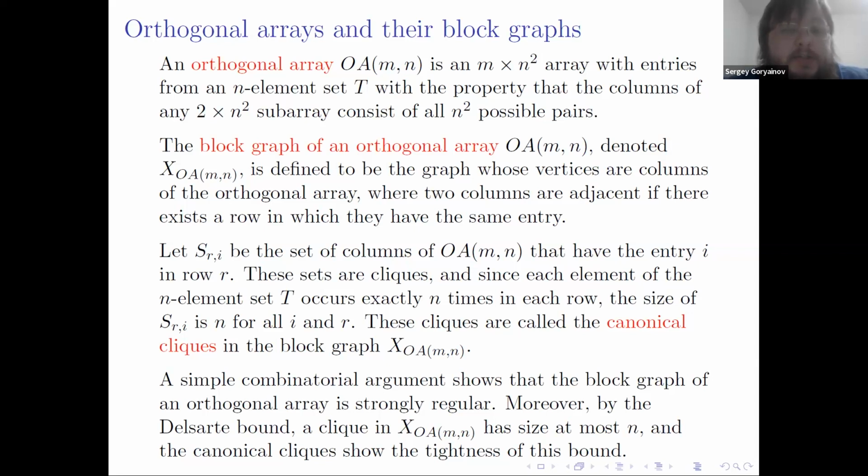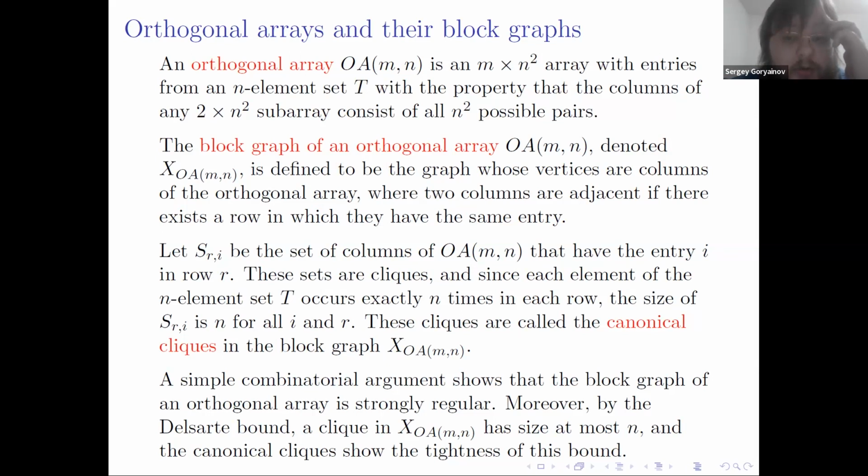Let S_{r,i} be the set of columns of an orthogonal array OA(m,n) that have the entry i in row r. These sets are obviously cliques, and since each element of the n-element set T occurs exactly n times in each row, the size of S_{r,i} is n for all i and r.